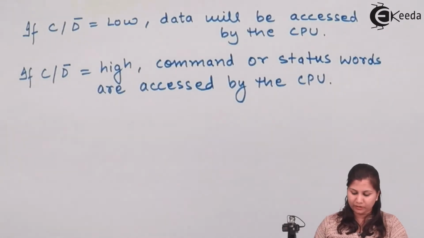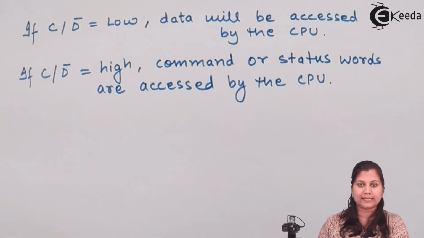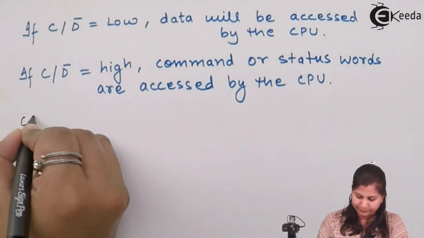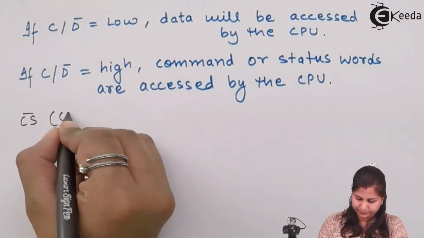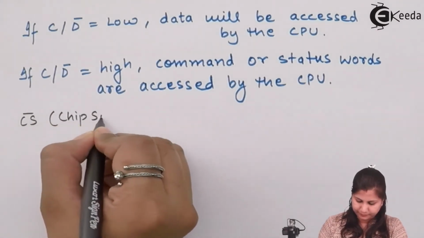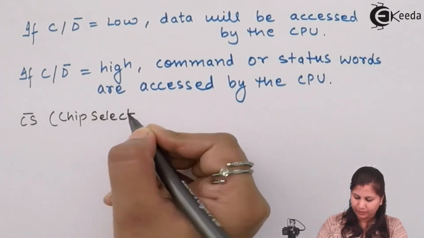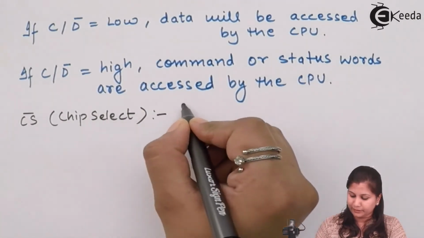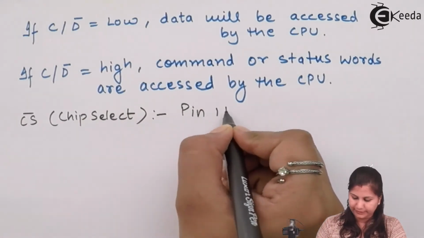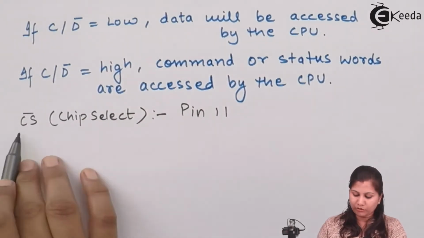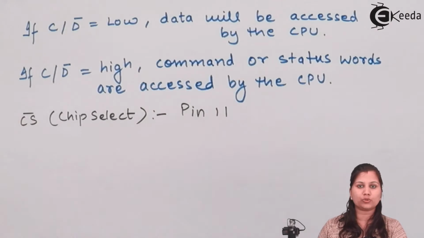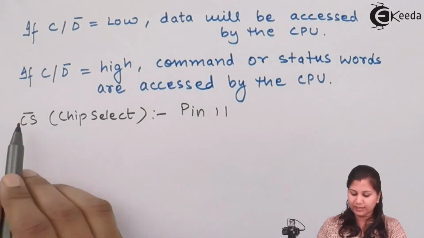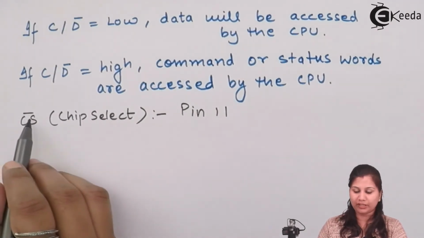Now this chip select signal is available at pin number 11, and it is used to select the chip. It is active low, because it has a bar over it.